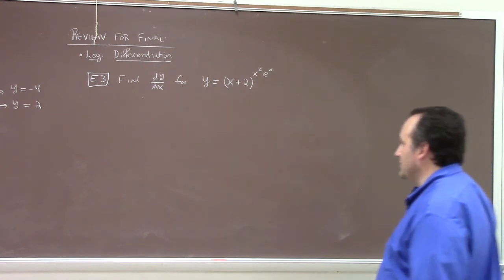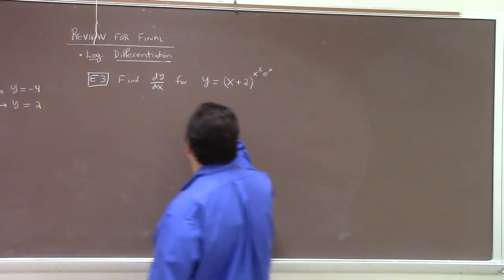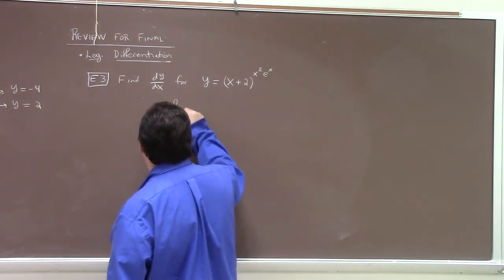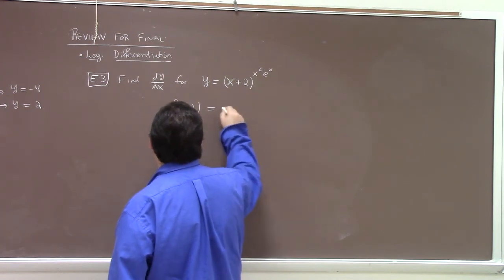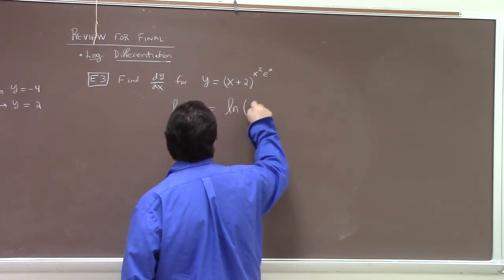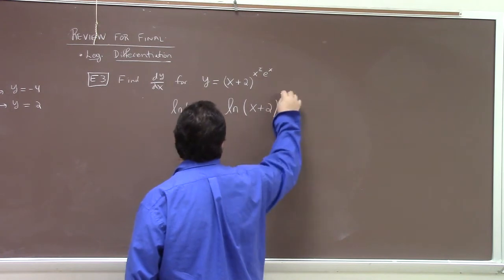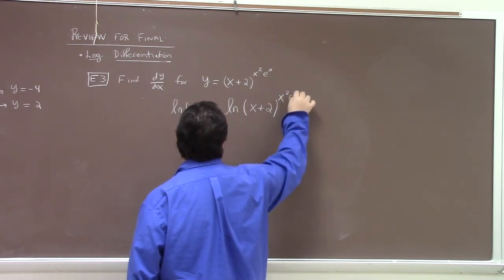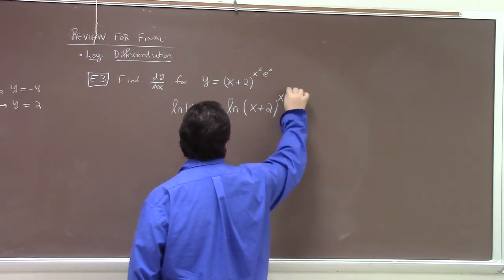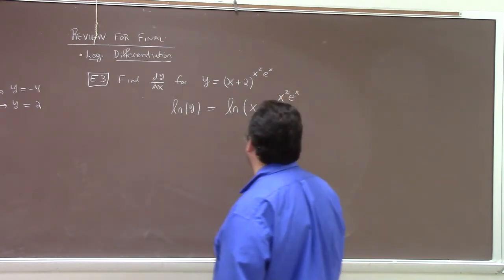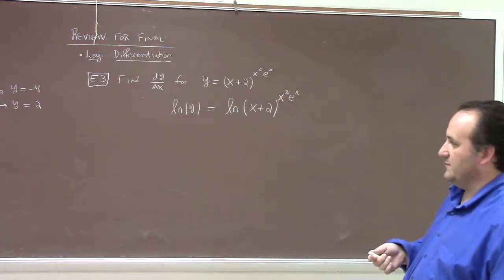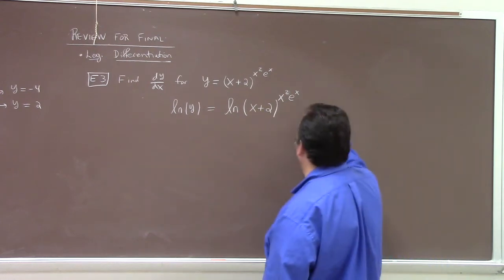So we take the log of this. We get the natural log of y equals the natural log of x plus 2 to the power x squared e to the x. Now, by properties of the logarithm, we can pull down that power.